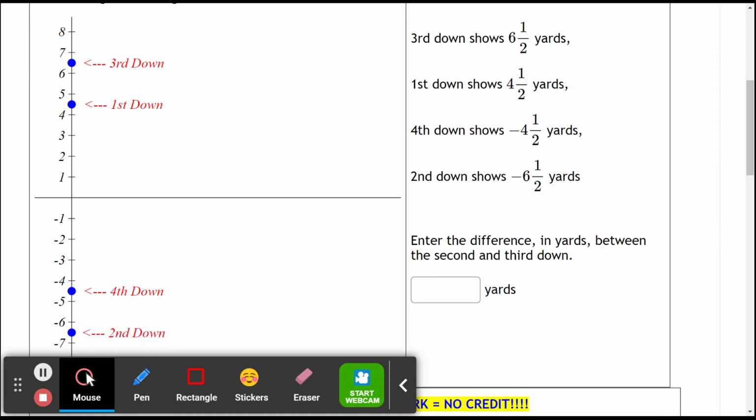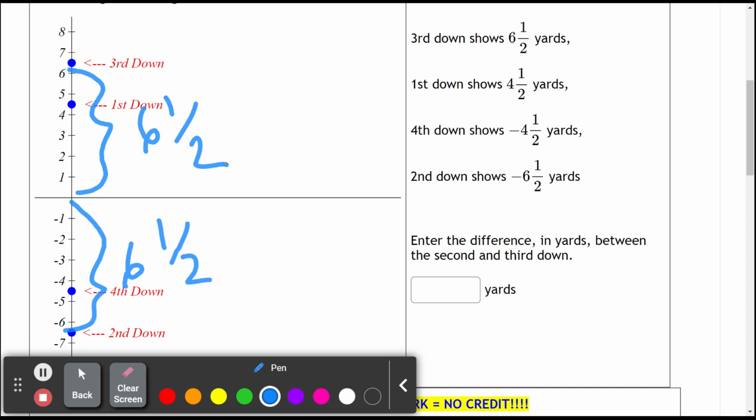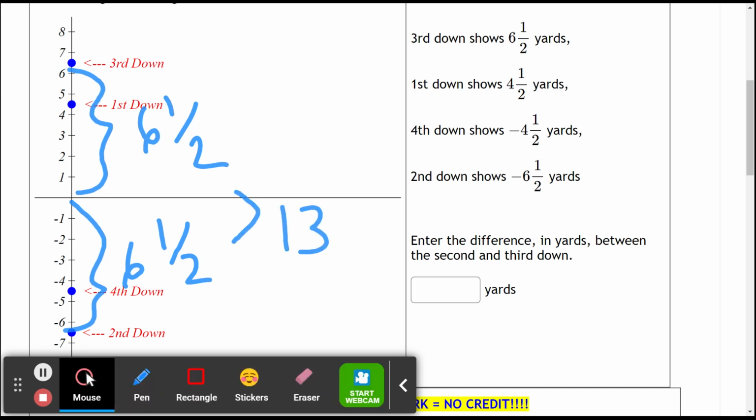The second down is 6.5 yards, and the third down is also 6.5 yards, and 6.5 plus 6.5 together is 13. That's pretty easy. So that's 13.